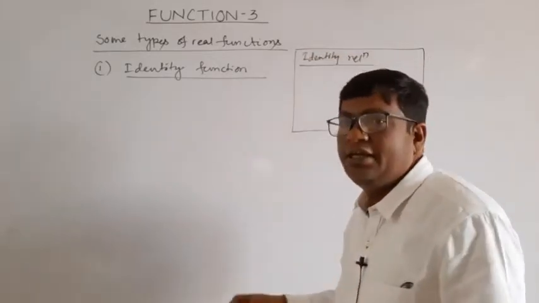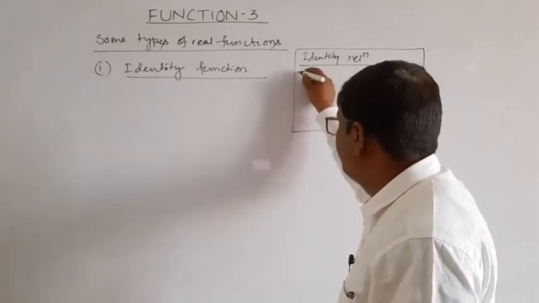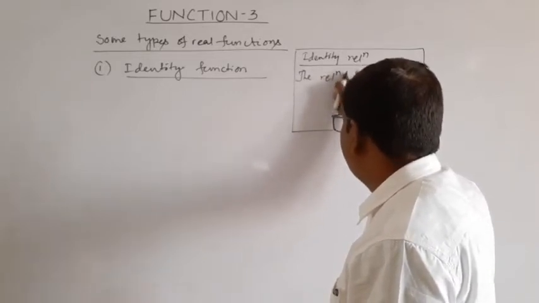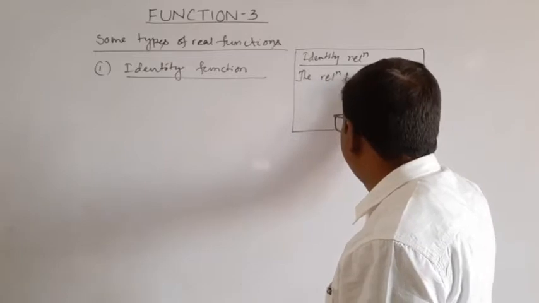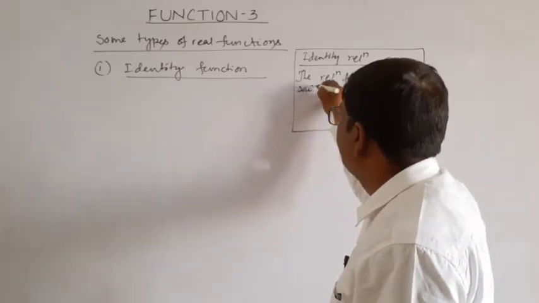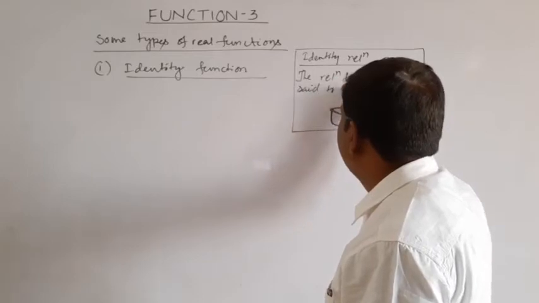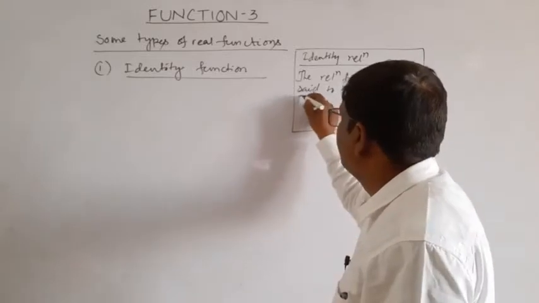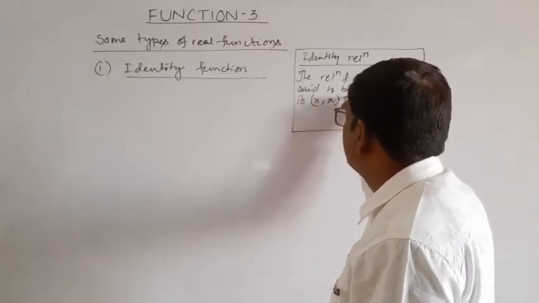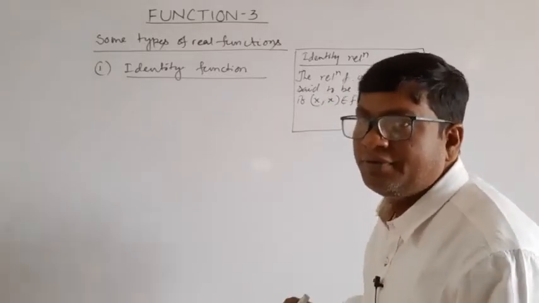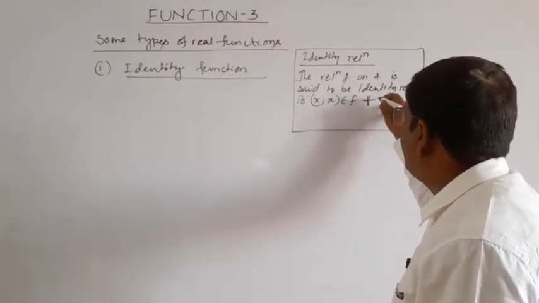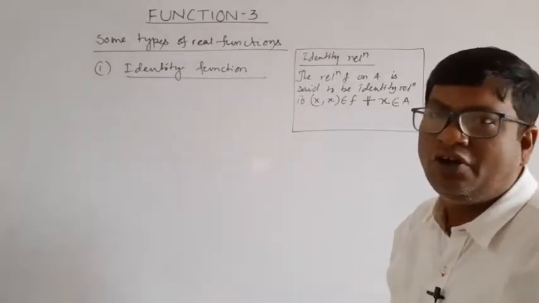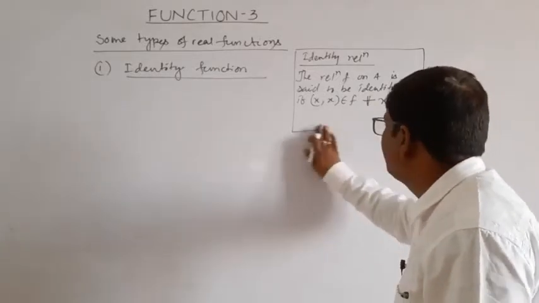A relation R on A, or F on A, is said to be an identity relation if (x, x) belongs to the relation F for all x belonging to A. This is an identity relation.